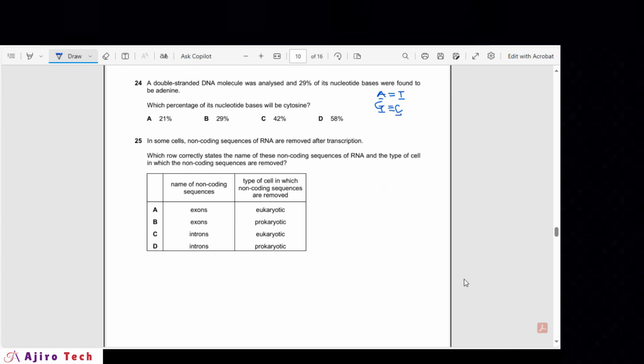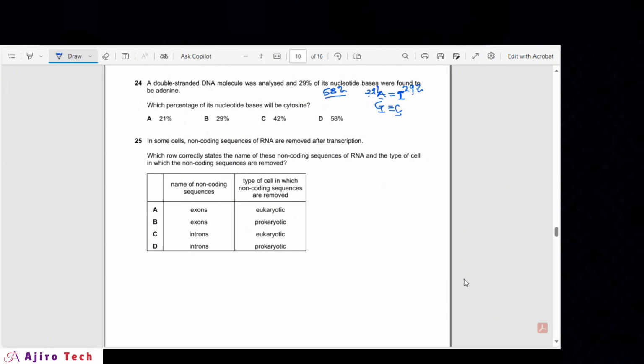Which percentage of the nucleotide bases will be cytosine? So if 29% was adenine, 29% will also be thymine. And when you add these two together, it gives us 58%. So let's subtract 58% from 100%.